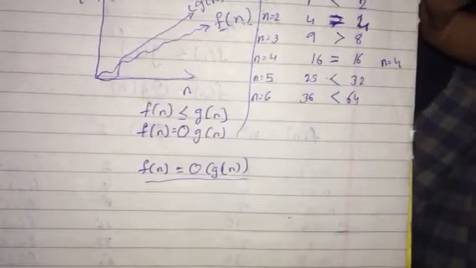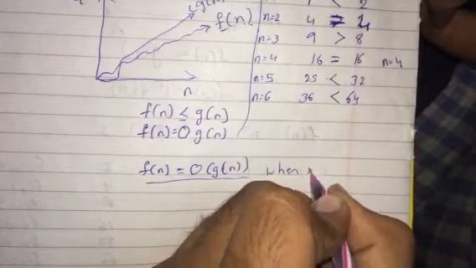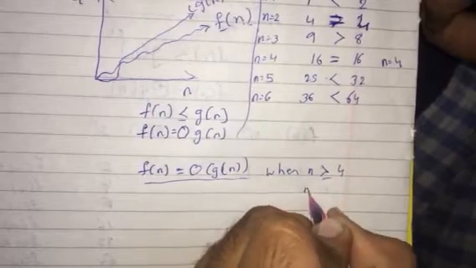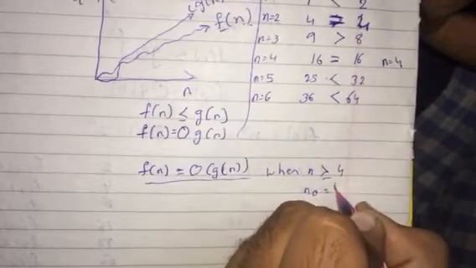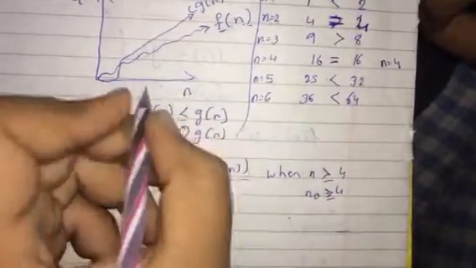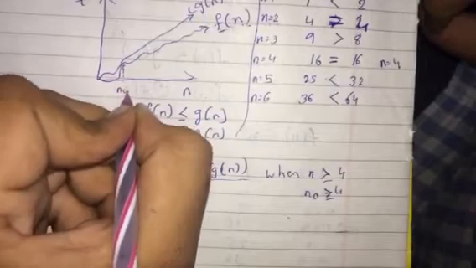But when n is greater than or equal to 4, or n naught is equal to 4 or greater. So what is n naught over here? This point is n naught.